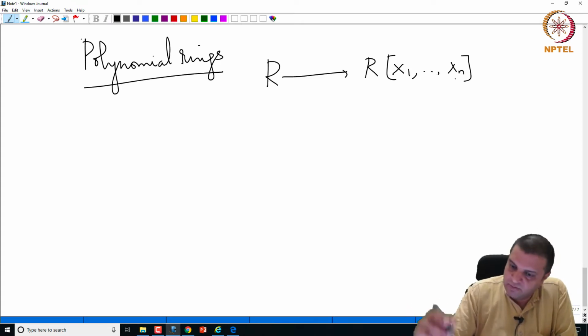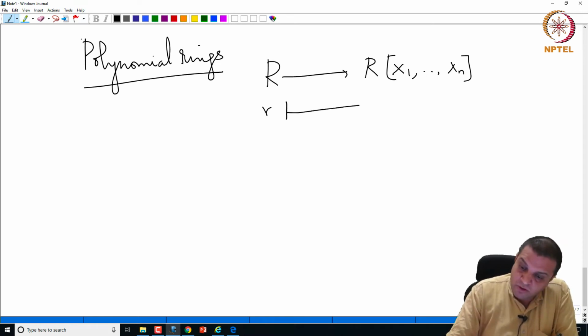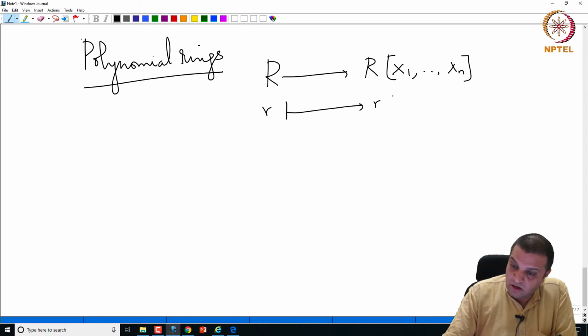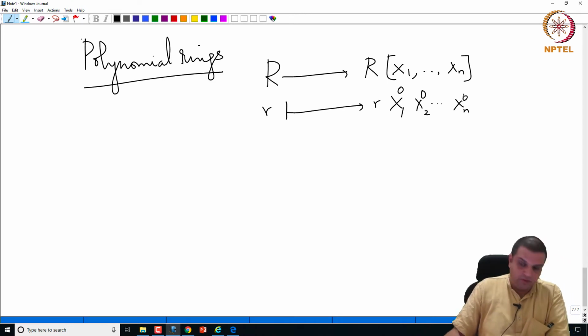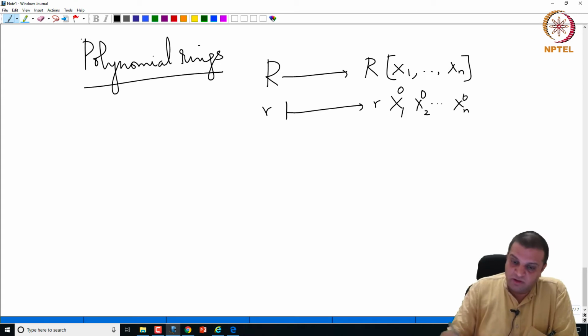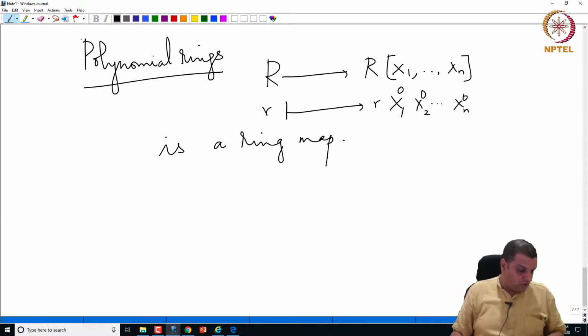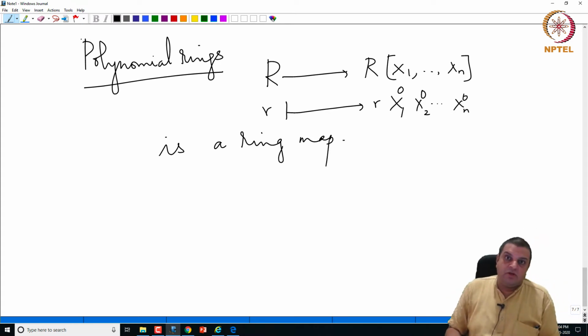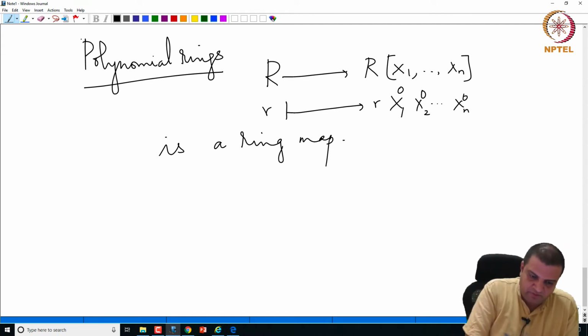R is a commutative ring, in which ring element R goes to the constant polynomial R, x1 to 0, x2 to 0, through xn to 0. So this is a ring homomorphism. Now this ring homomorphism has a certain universal property. And what is that?